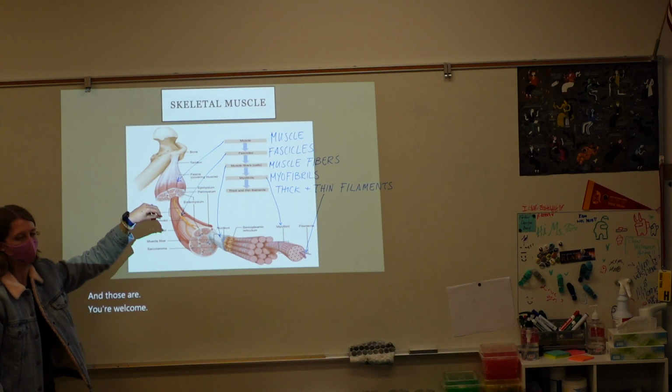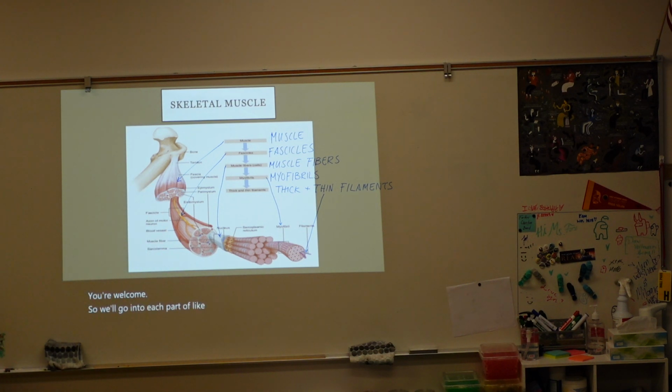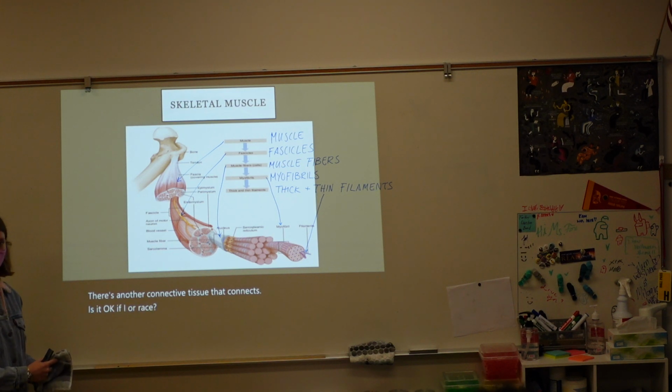We'll go into each part of these so that you can understand a little more, from the biggest structure to the smallest structure. Tendons are what connect bone to muscle. I'm forgetting the muscle to muscle one, but there's another connective tissue that connects. Alright, is it okay if I erase?